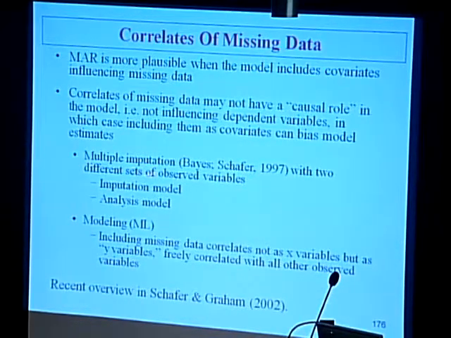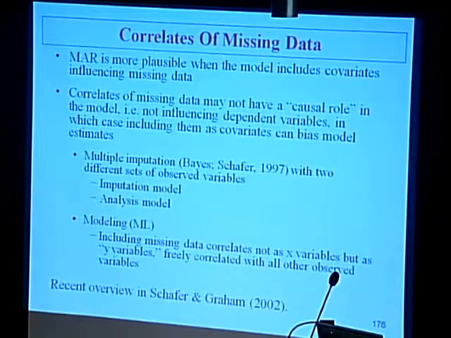One set of observed variables for the imputation model and another set for the analysis model. So for instance, very often the imputation model can use more observed variables, only some of which are relevant for the analysis model. So you can include in the imputation model variables that are related to missingness but play no role in the substantive model that you're interested in.